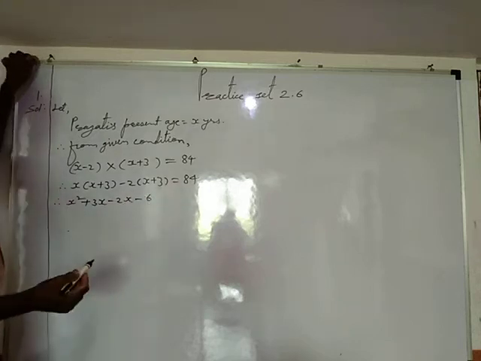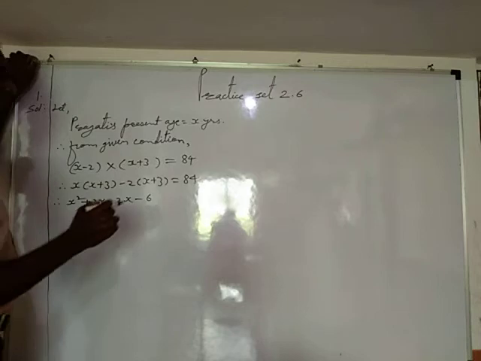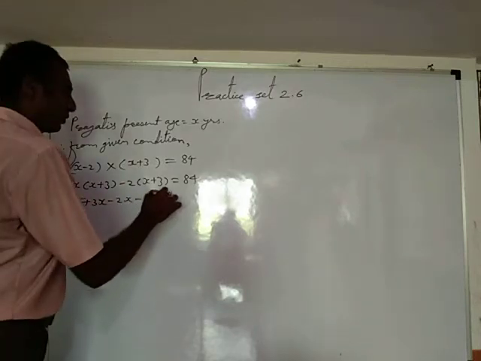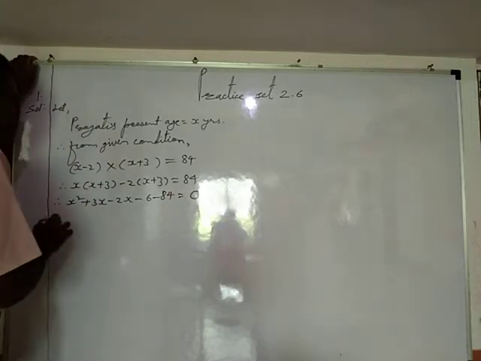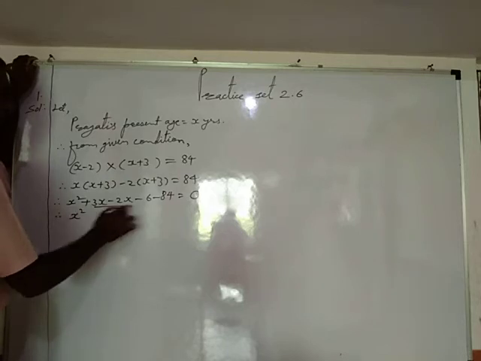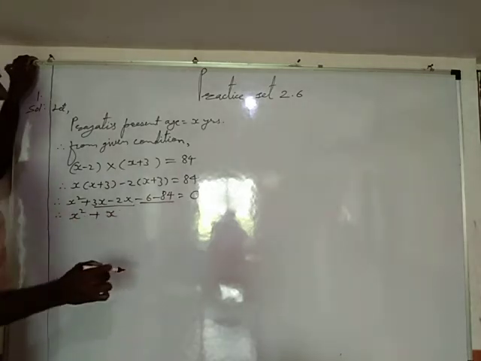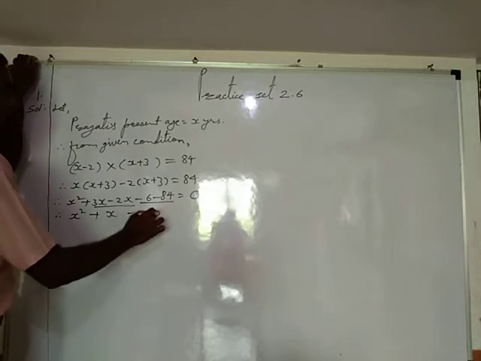On transfer of those 84 from right to left, we get minus 84. That equals, at the right there will be nothing, means 0. And therefore x square plus 3x minus 2x gives us plus x, minus 6 minus 84 gives us minus 90 equal to 0.